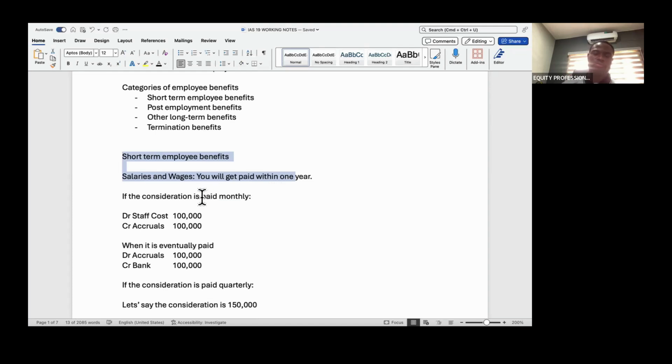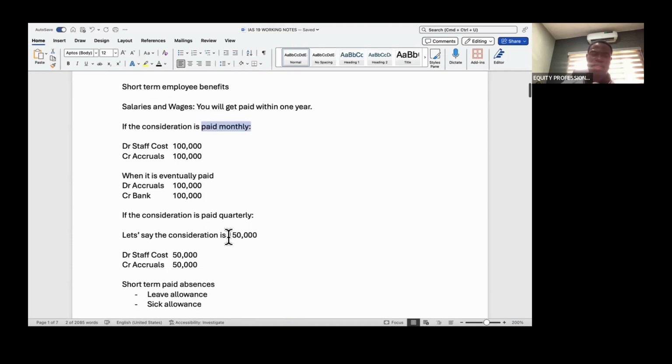So if it's a monthly payment of wages and salaries, then at the end of each month, as soon as the employee has worked for that month, we debit staff costs, then we credit accruals. Then when we pay, we cancel out the accruals by debiting it, then credit bank.